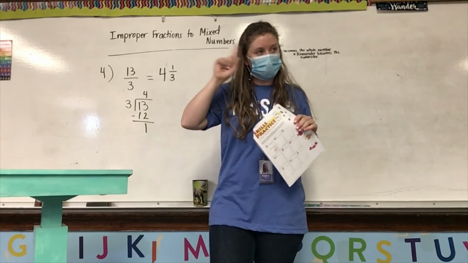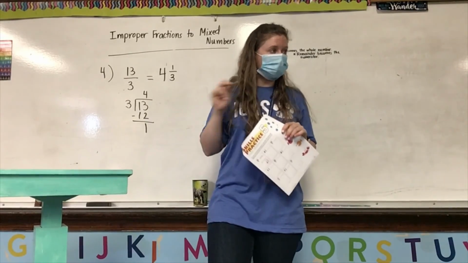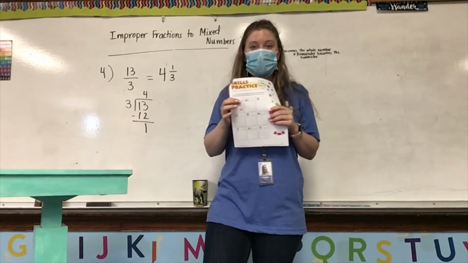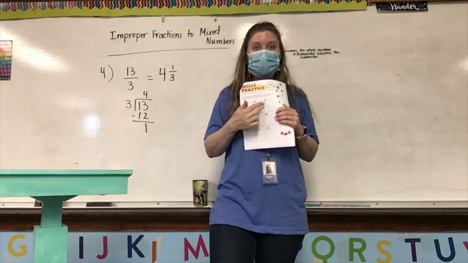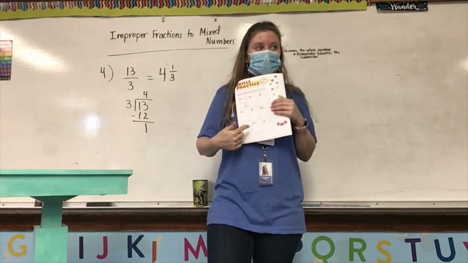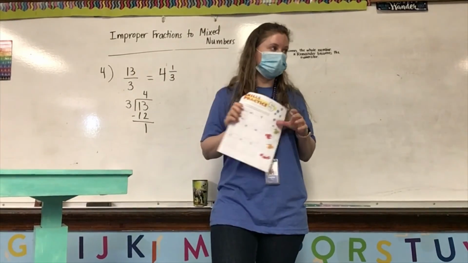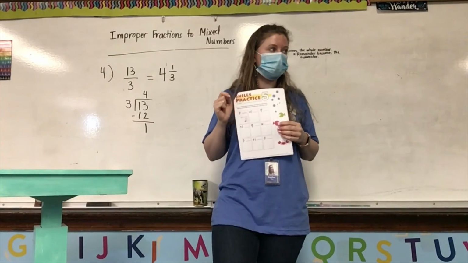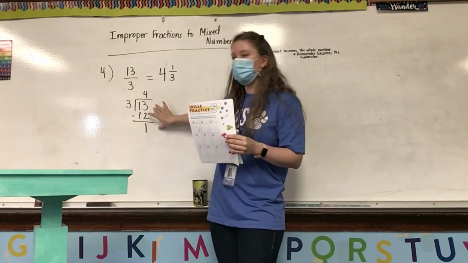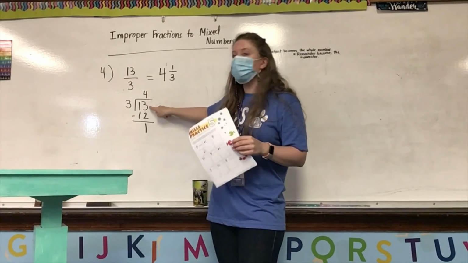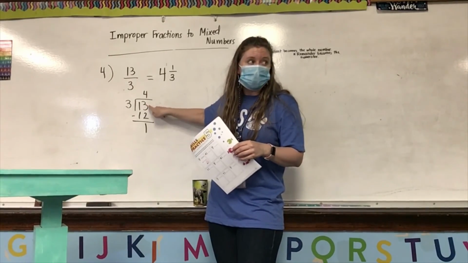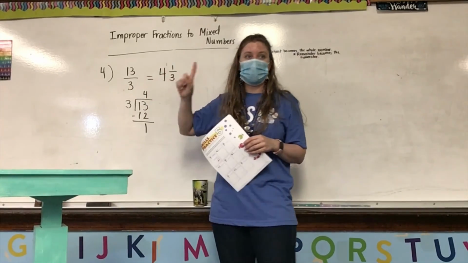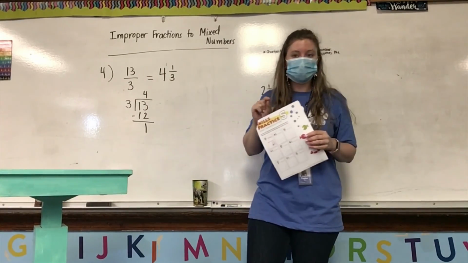You won't have to bring down. This is all going to be one-step division, like what we did earlier. Even though you'll have two-digit dividends a lot, you're going to have a 1-digit whole number.